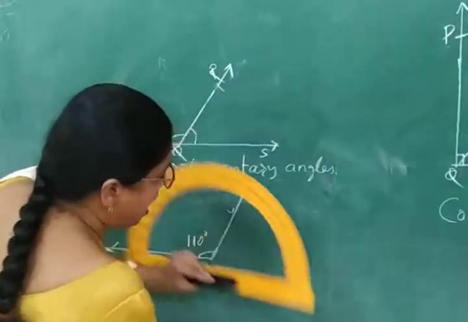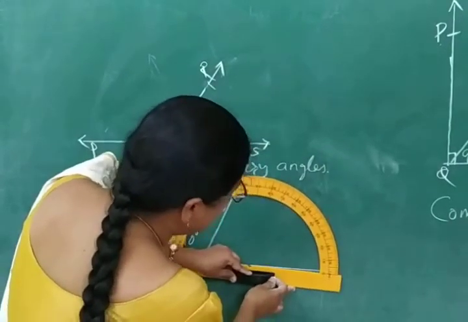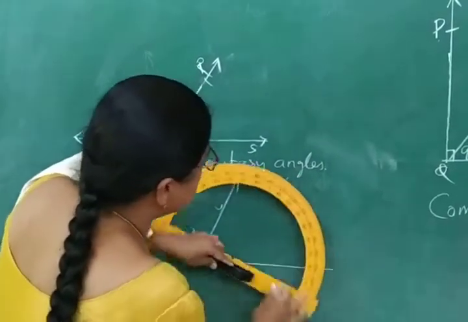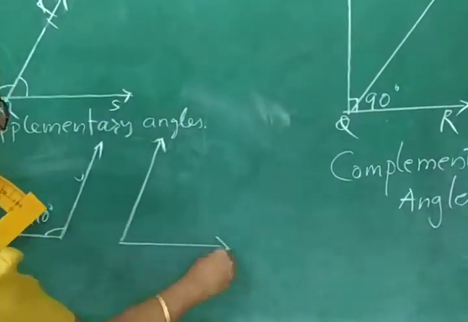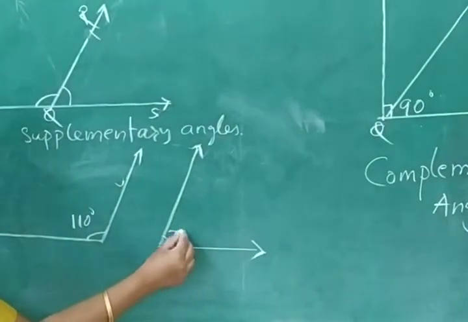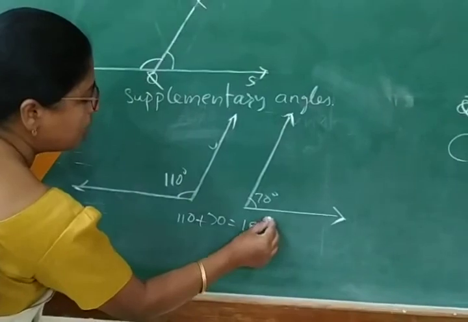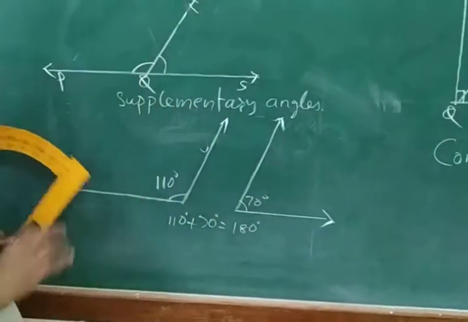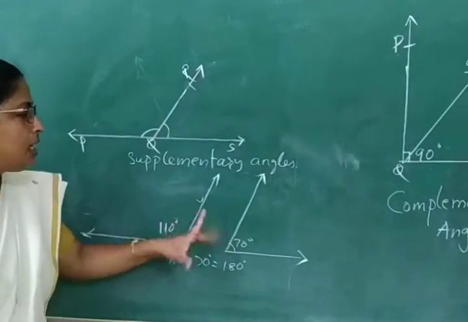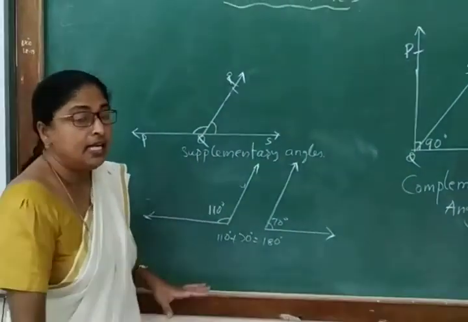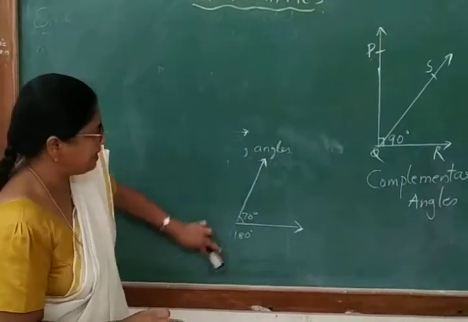If I draw one more angle of measure 70 degrees, this is 70 degrees. Here 110 plus 70 becomes 180. So the sum of the measures of these two angles is also 180, and this pair of angles are also supplementary angles. This is what you have done in the previous classes.